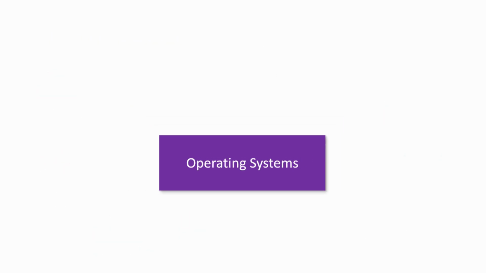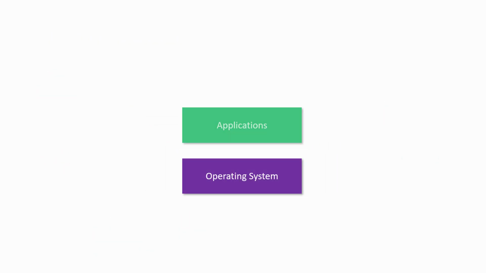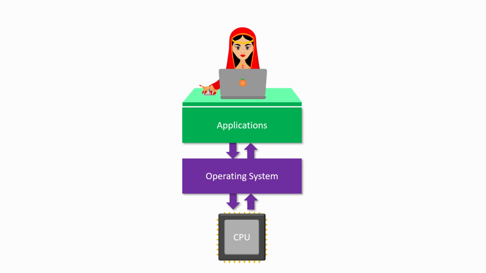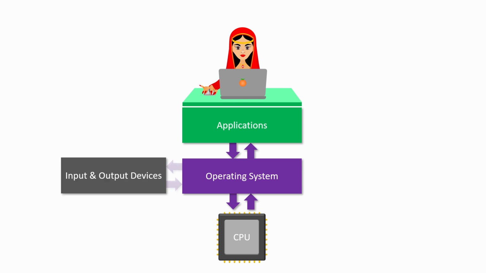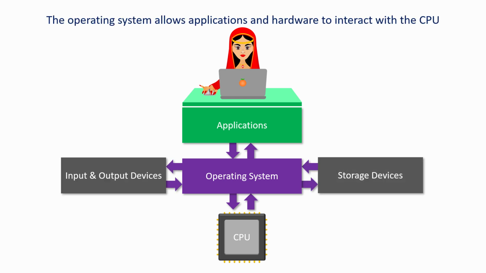The purpose of an operating system is to allow applications, and therefore the user, to interact with the computer's central processing unit. The operating system also allows hardware components, such as input and output devices and storage devices, to interact with the CPU. In fact, pretty much all access to the CPU has to go through the operating system.